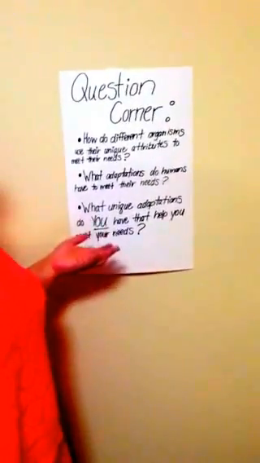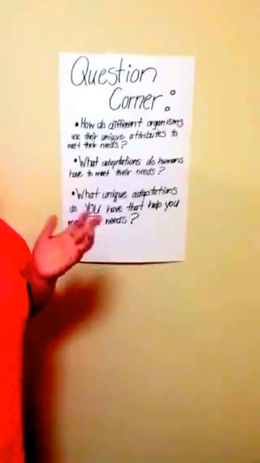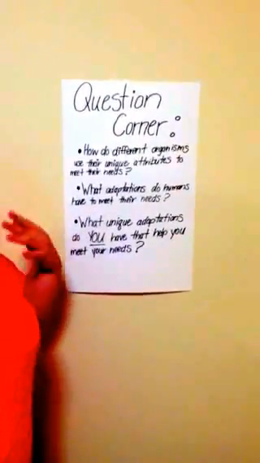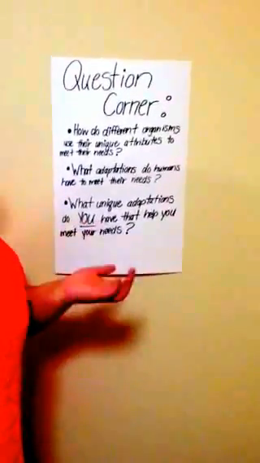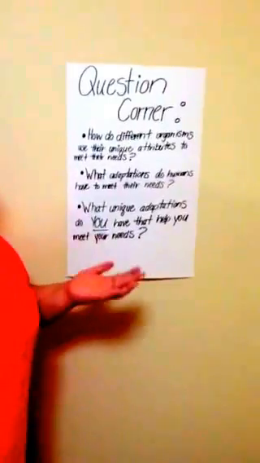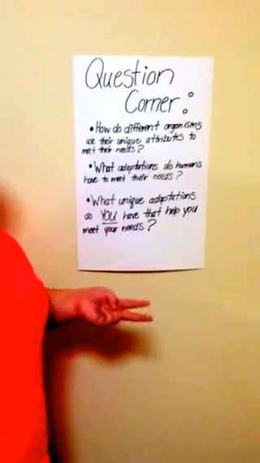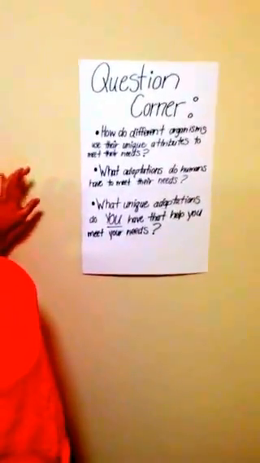So think of different organisms that we've talked about in this video, and think of one that's kind of unique and how they might use a unique attribute to meet their needs. One that I can think of is how birds migrate. That's a behavioral adaptation. They migrate to stay warm, to look for food, so that's kind of a unique one. So think of one of those and write that one down.